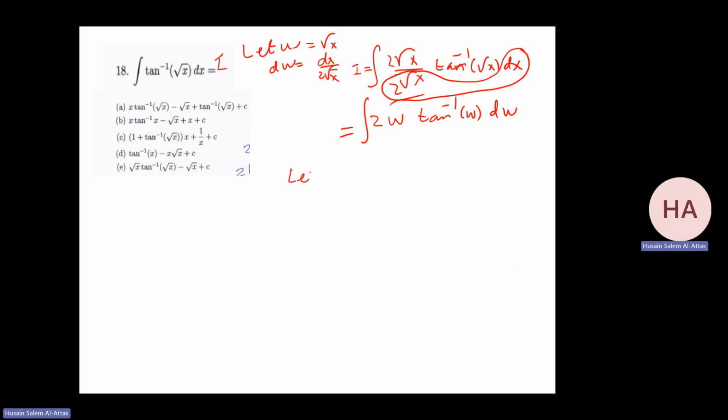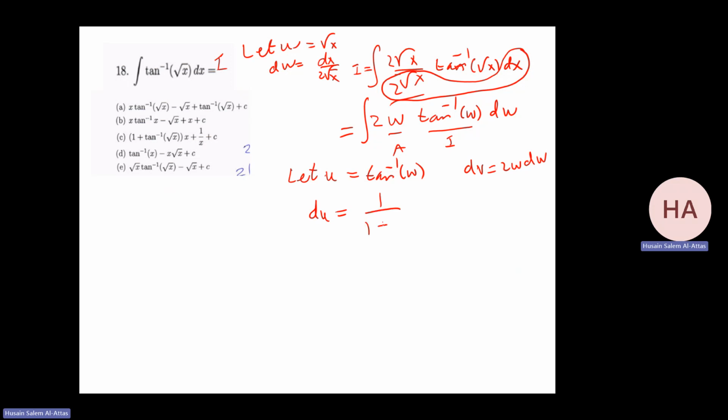So I have algebra and inverse trig. So u will be tan inverse of w, and dv will be 2w dw. Okay, so what is du?